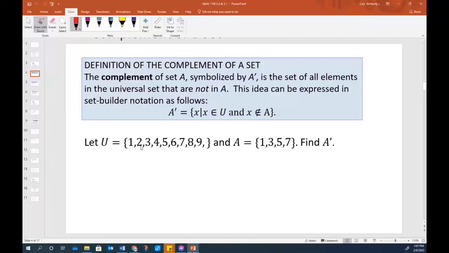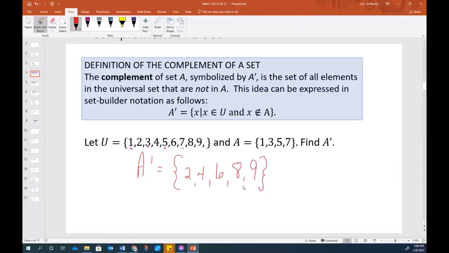So I do need something that's in U, but that's not in A. If I want it to be in U, then this is my list of choices, but I don't want it to be in A. So 1, 3, 5, and 7 are not numbers I can use. So A complement is 2, 4, 6, 8, and 9.